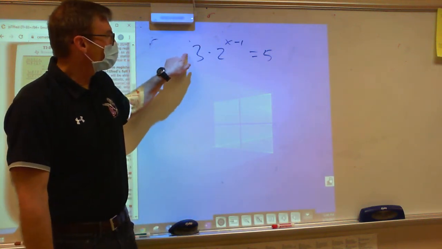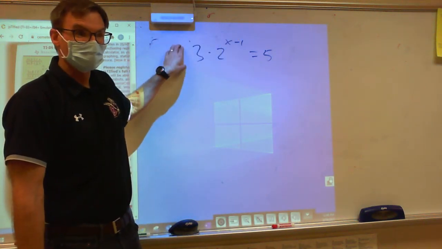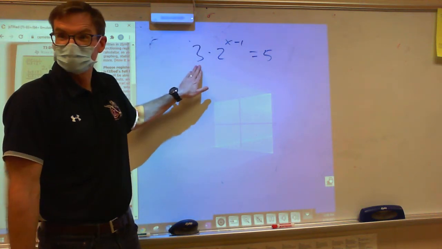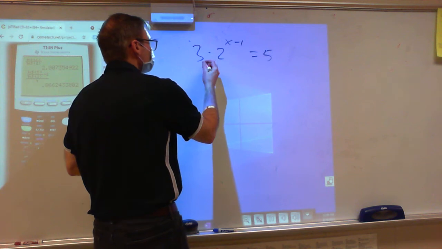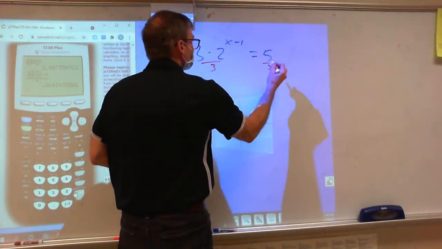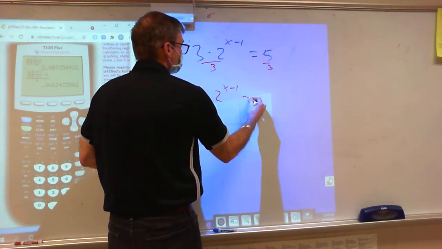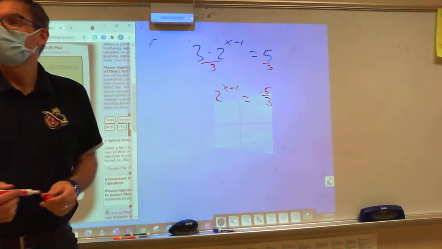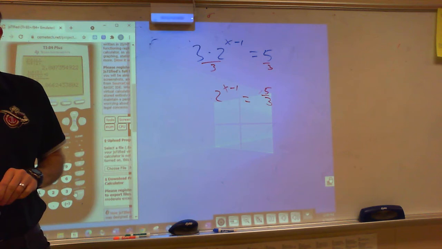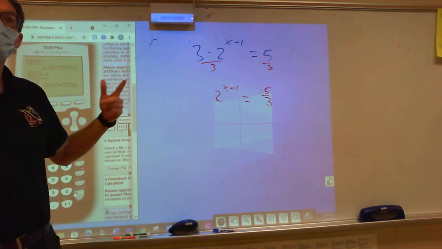Because if you put a log here, you can't put the exponent down in front because that 3's in the way. So we're going to divide everything by 3 first. That's going to give me 2 to the x minus 1 is equal to 5 over 3. Now, what do we do? Take log of both sides.